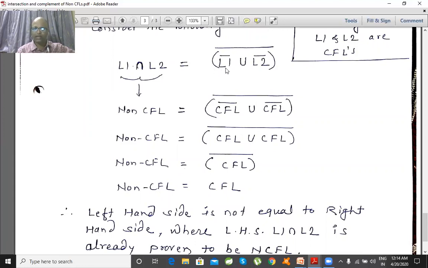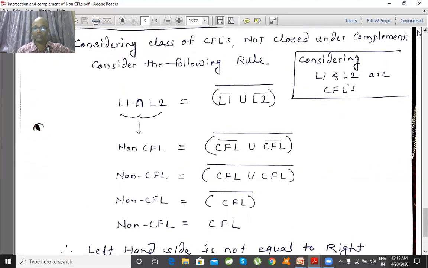Now just go back. Consider that it is a context free language and we are taking the complement of it. We have just rewritten this, so instead of L1, I'm writing this as a context free language. If you take any context free language and try to take the complement of it, my assumption is that the resultant language is also context free.